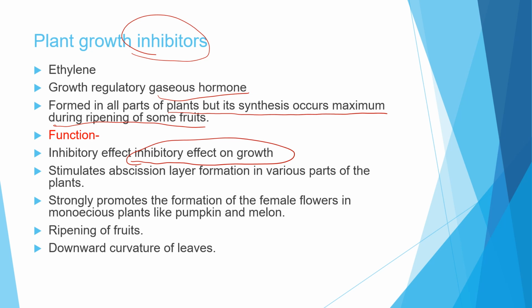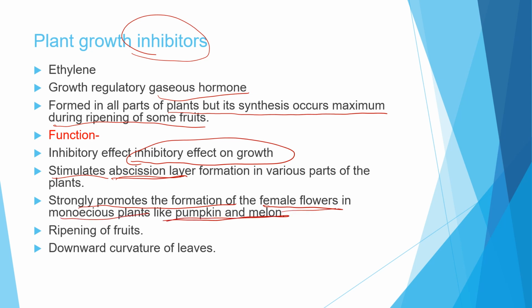It stimulates abscission layer formation in various parts of the plant. It strongly promotes the formation of female flowers in monoecious plants like pumpkin and melon.